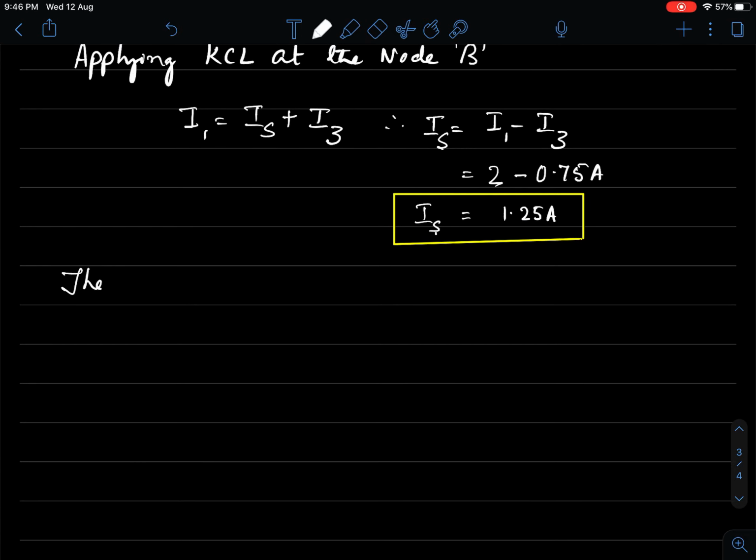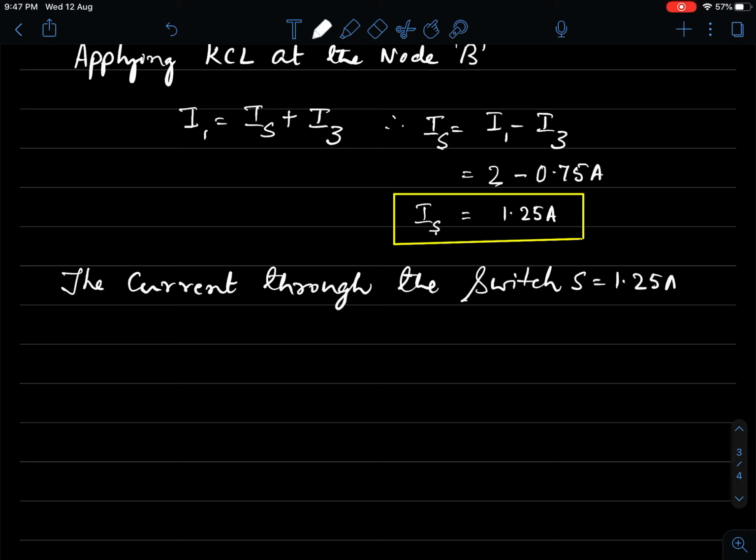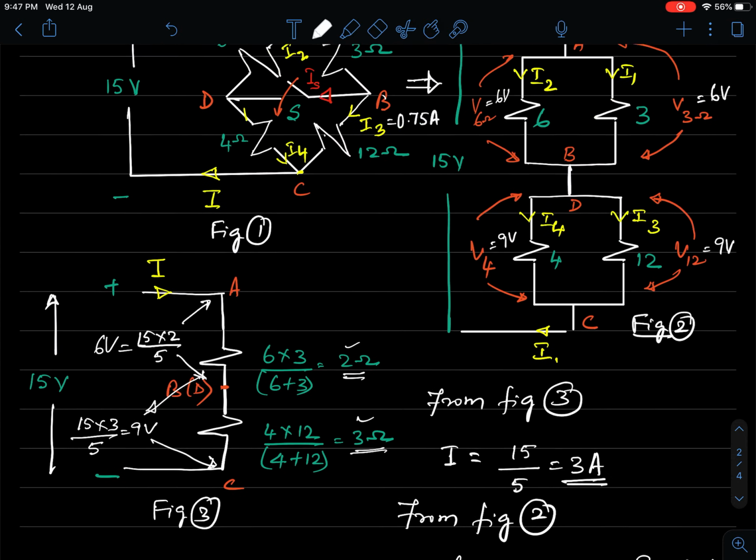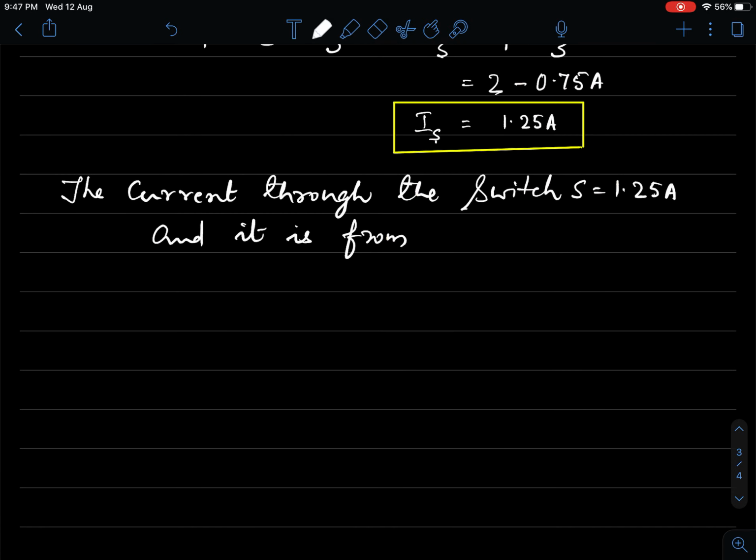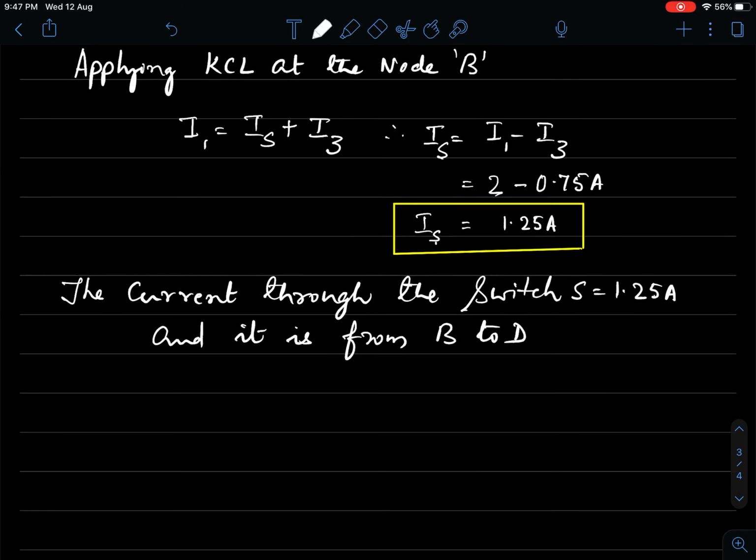The current through the switch is equal to 1.25 ampere, and in the diagram it is from B to D. This is the direction of flow of current.